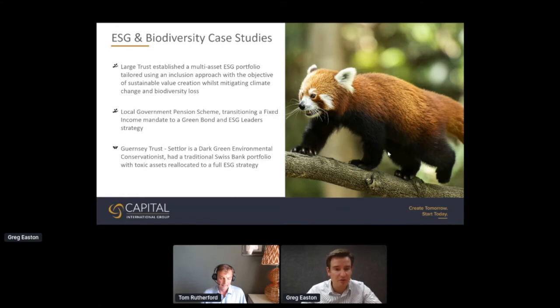The size of the green bond market now is in excess of $1 trillion, and I think we will see increased activity in that area as pension trustees and institutional clients start assessing their fixed income portfolios. And probably the takeaway point from that was that we saw the yield to maturity not being impaired at all, taking a green bond approach.